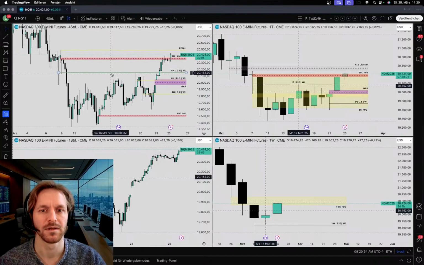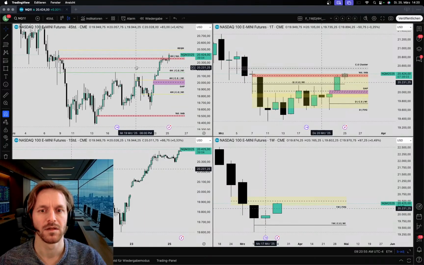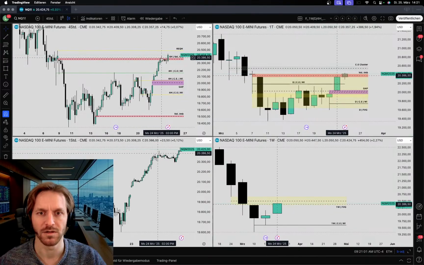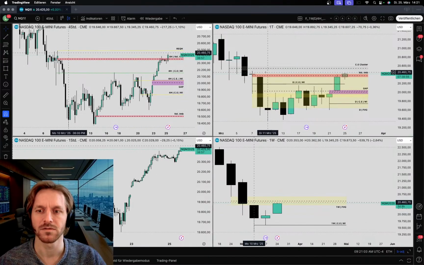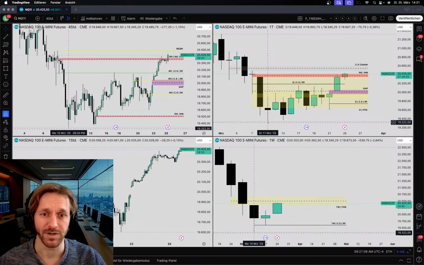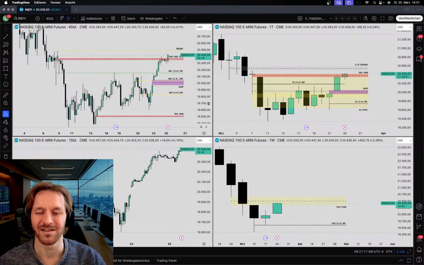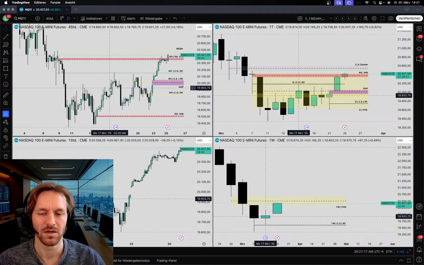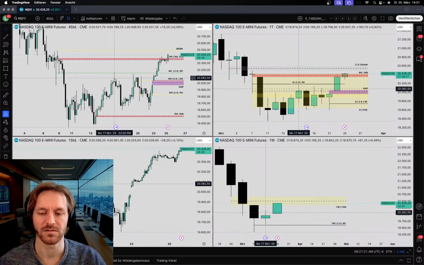And this would be as well around those relative equal highs here, and also at the midpoint of this fair value gap. So here again, we have a cluster of levels which should act as resistance.